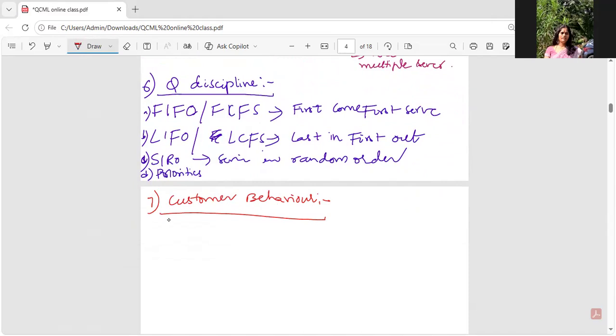Under customer behavior, the first thing is balking, the second is reneging, and the third is jockeying.